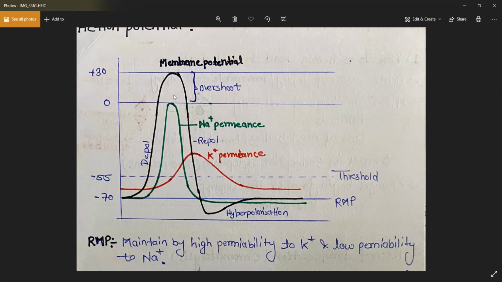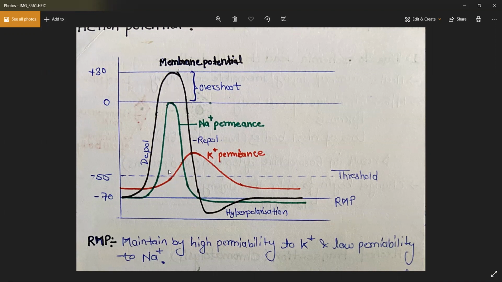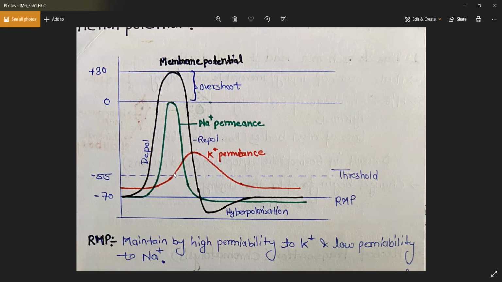When the membrane potential reaches the peak, the potassium channels will open, and slowly the permeability of the membrane for the potassium is increasing. At this point, when the action potential is around minus 30, the permeability of the membrane for the potassium is maximum.